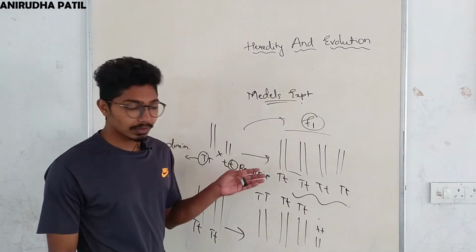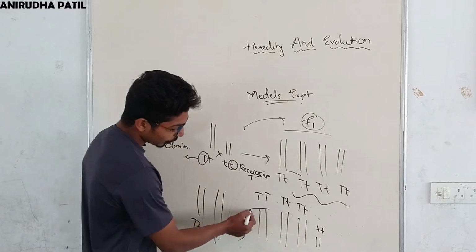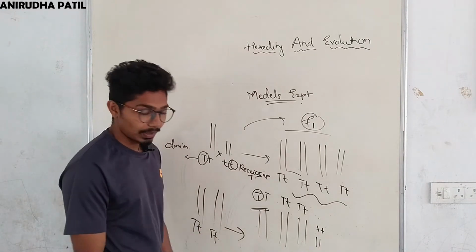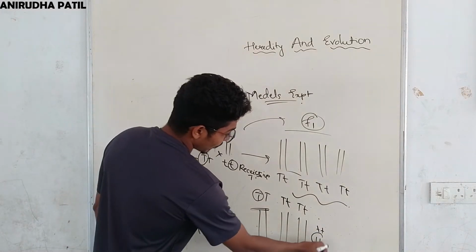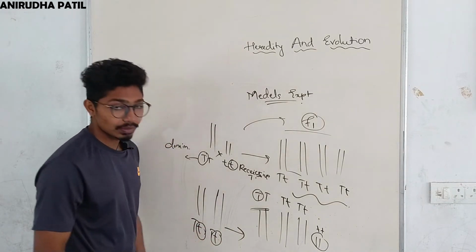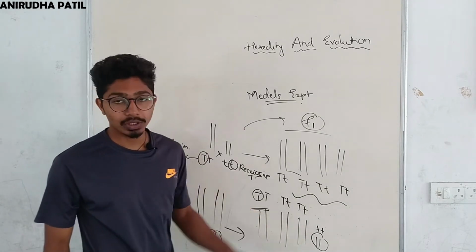So what was inferred from this experiment was, to become a tall plant, one dominant trait is enough, but to get a short plant, both the traits should be recessive, so that the resultant type is the shorter one.